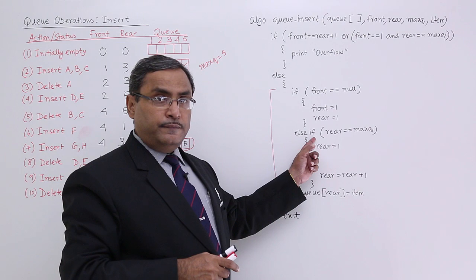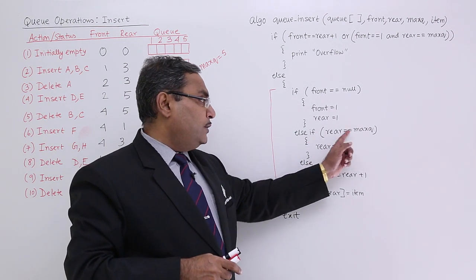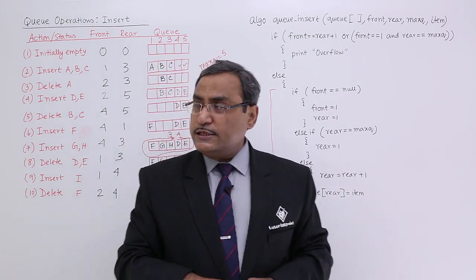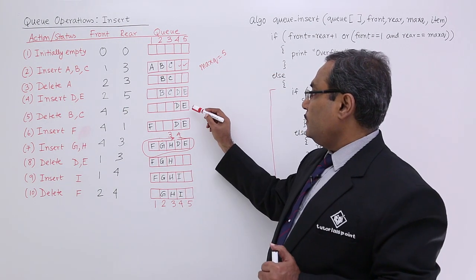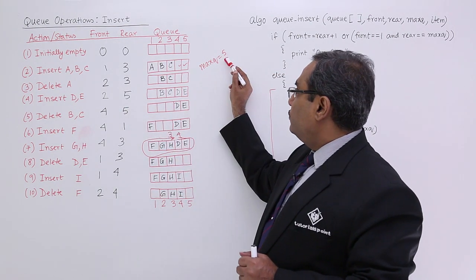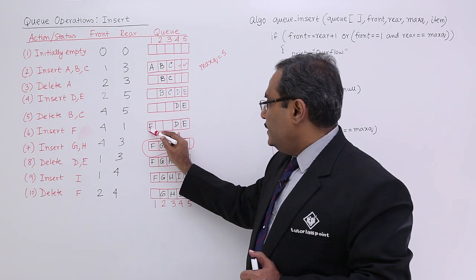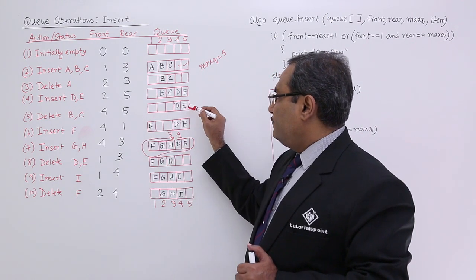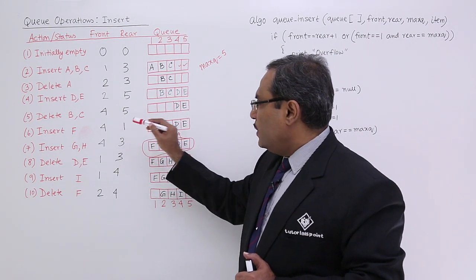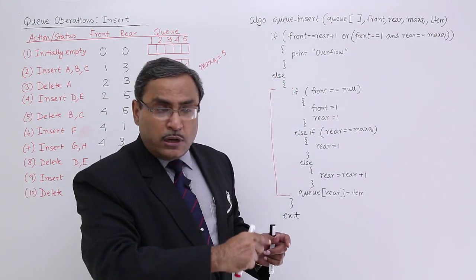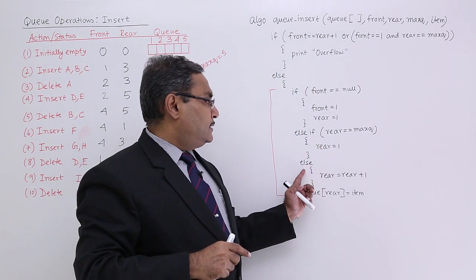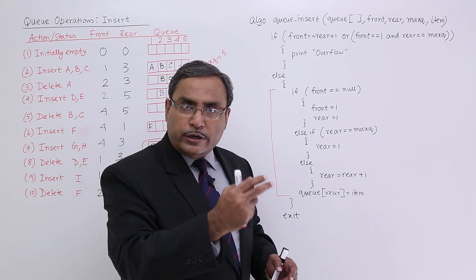Else, if rear is equal to max q, then rear is equal to 1, because next time rear has to become 1. That is the circular logic. Else, rear is equal to rear plus 1, that is the ordinary case.